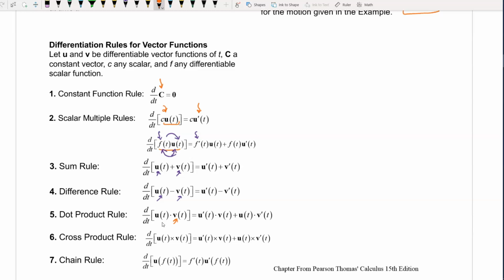Cross product rule, derivative of u of t cross v of t with respect to t, it is equal to u prime t cross v of t plus u of t cross v prime t. So the difference between these two is that here we used dot, but here it is cross.